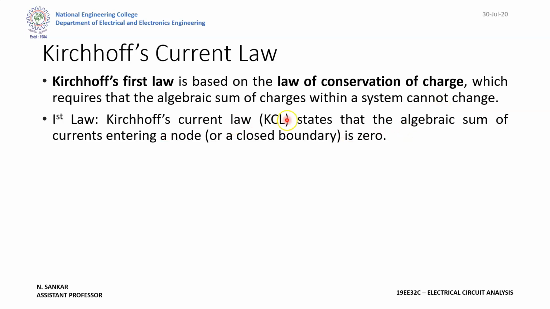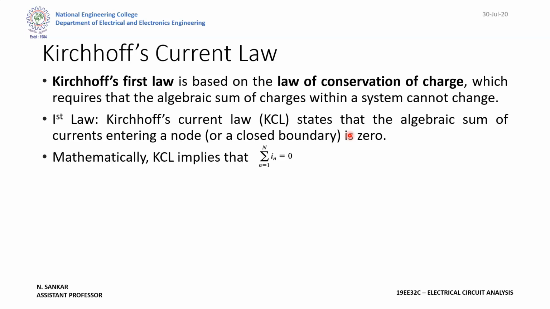So Kirchhoff's current law states that the algebraic sum of currents, whatever number of currents, entering a node is 0. So if you take a node and add the currents which are entering the node, the sum will be equal to 0.